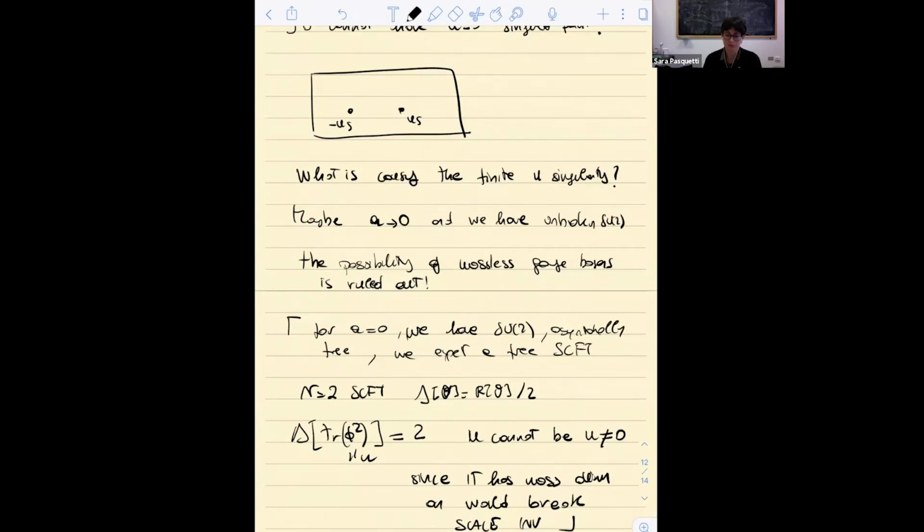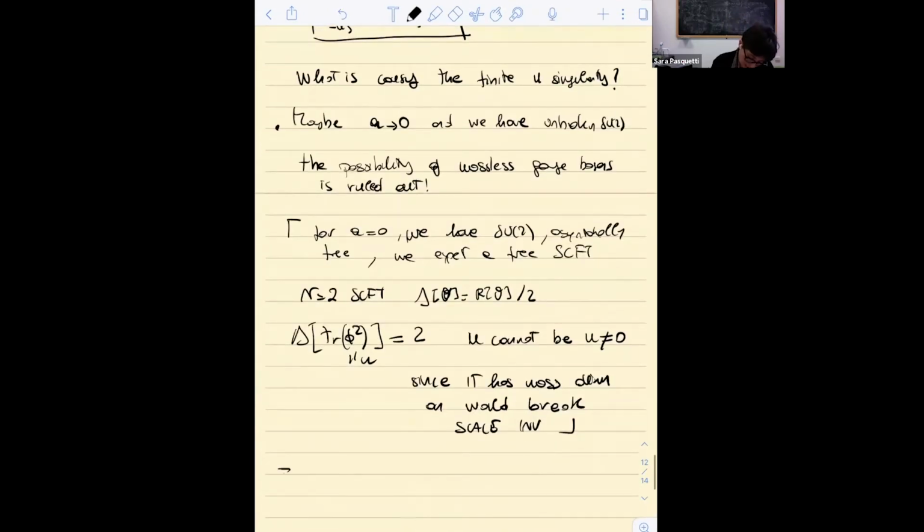So it's not possible that the responsibility of the singularity at this point is due to a going to 0, implying non-abelian SU(2). So it is not due to a going to 0.